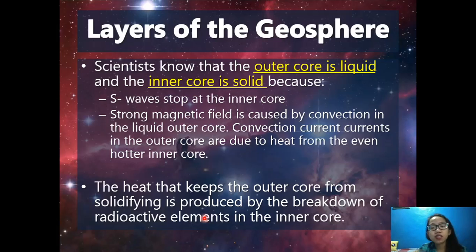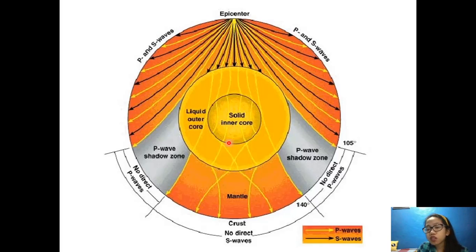We study the seismic waves. Whenever earthquakes occur on Earth, they produce seismic waves, and that's something that scientists could study. When you are studying seismic waves, there are two parts: you have your P wave and your S wave, and they behave differently.